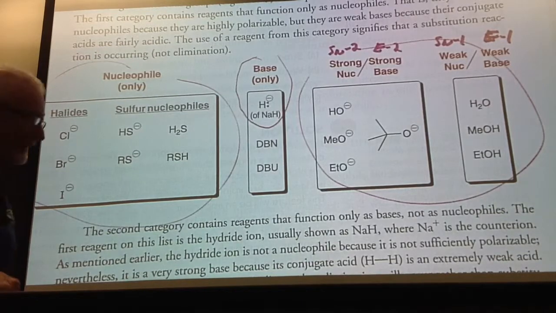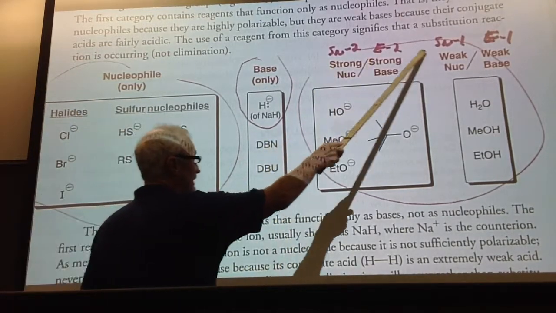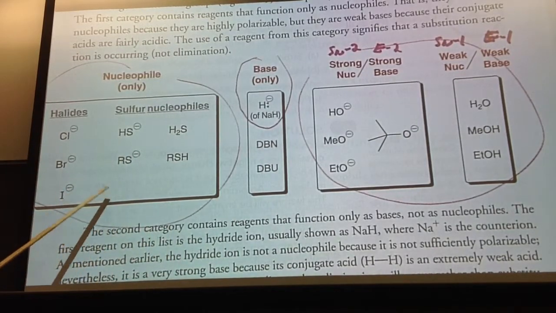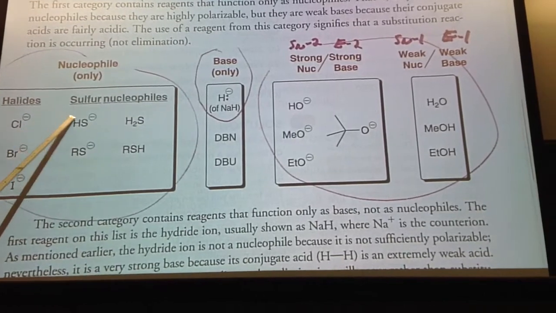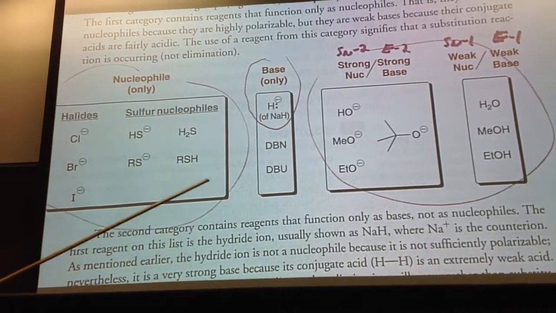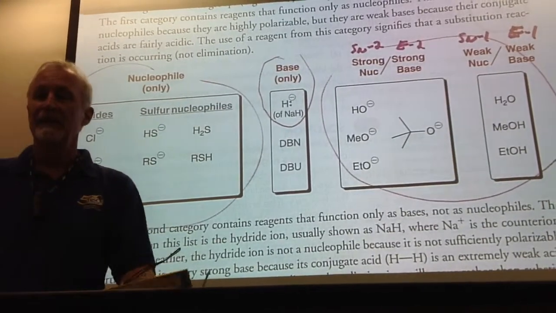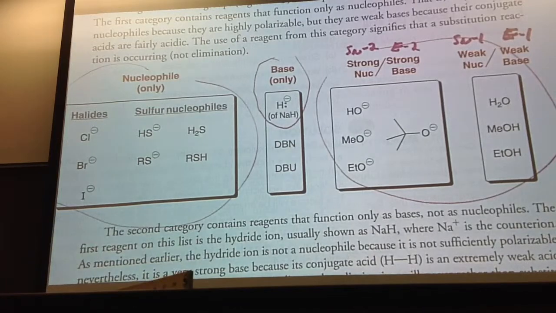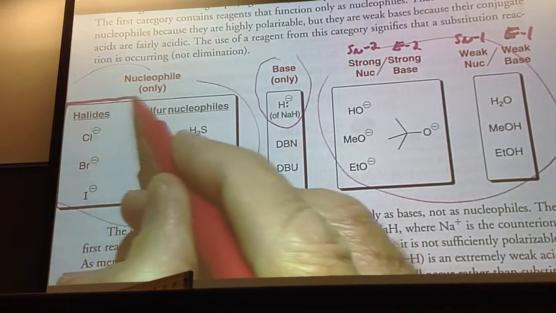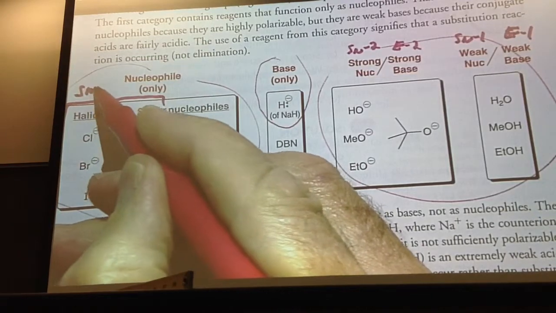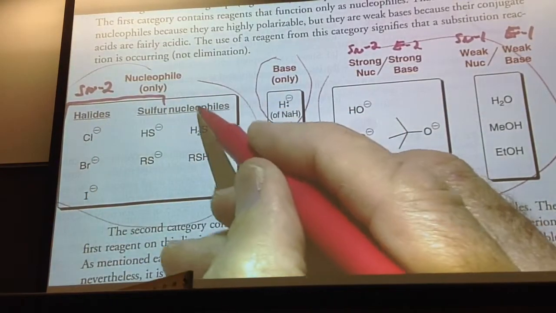I'll provide you with that. I probably won't give you this kind of information here. I'll do it strong. And then these guys act as nucleophiles only, okay? These tend to be strong nucleophiles because they're charged. They tend to go by the SN2 mechanism, and this tends to be a weak nucleophile.